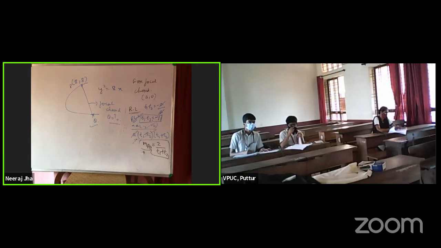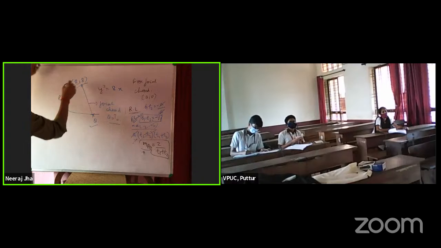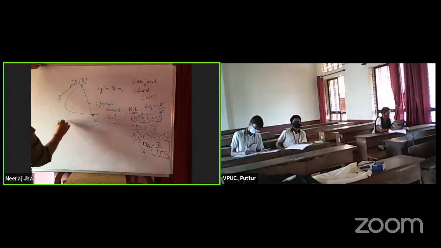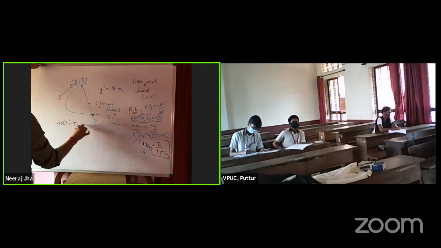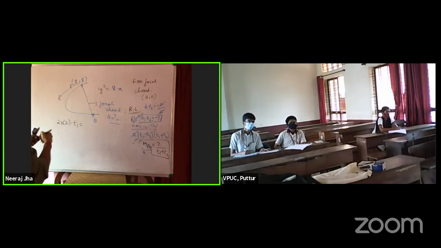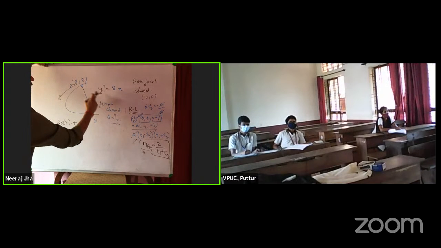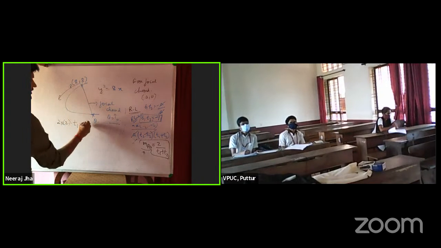Done. What is the answer? Okay, all right, I understood. Very good. See, we will find its t first. So 2 into a, that is 2 into t1, let us say this is t1. So 2 into a into t1 is equal to 8. Let this point be 8.